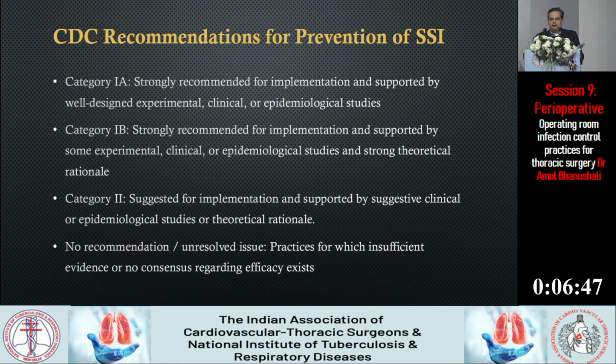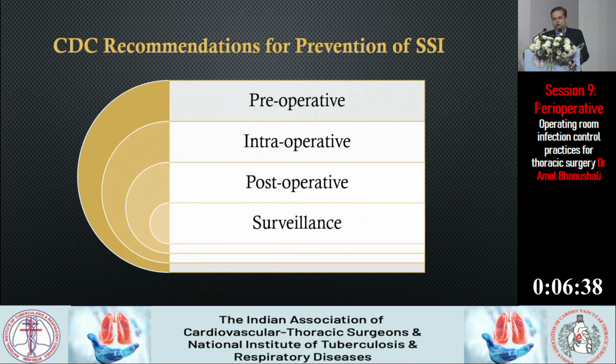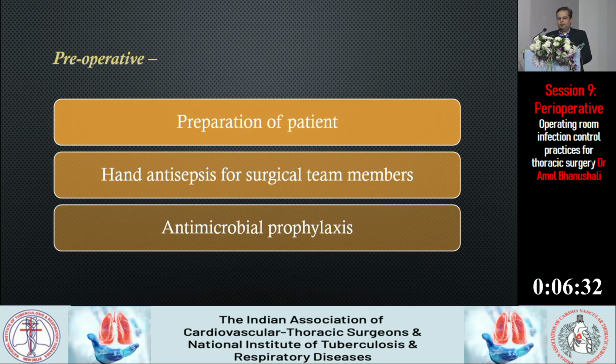Category 2 is suggested for implementation but with only theoretical rationale, and category 4 is no recommendation or unresolved issue. And they have divided these recommendations into preoperative, intraoperative, postoperative and surveillance. So in preoperative, it comes to preparation of the patient, hand asepsis and antimicrobial prophylaxis.